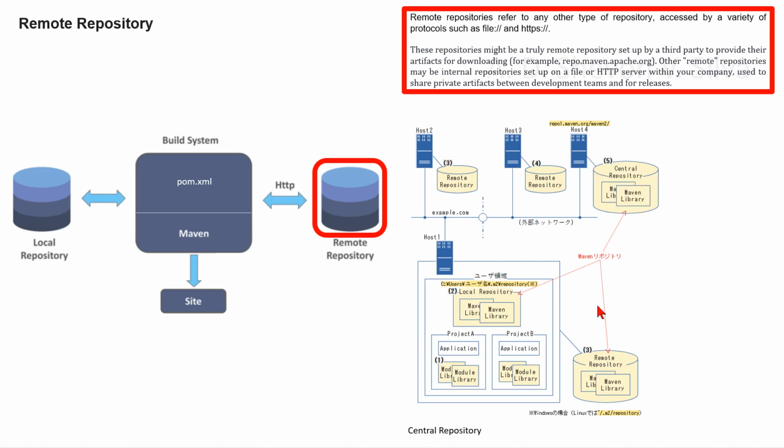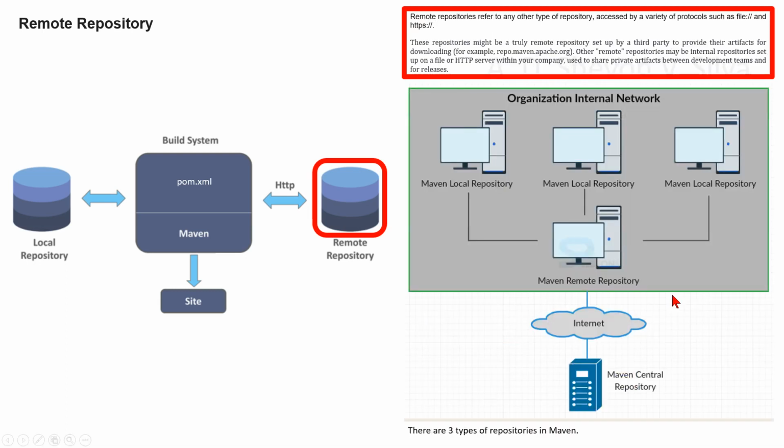Here you can see the Maven remote repository, local repository, and remote central repository are connected via Maven. These repositories interact via Maven here. Here you can see there are 3 types of repositories in Maven.